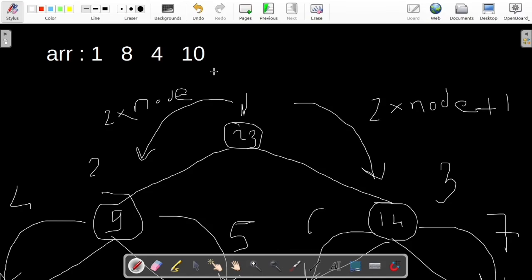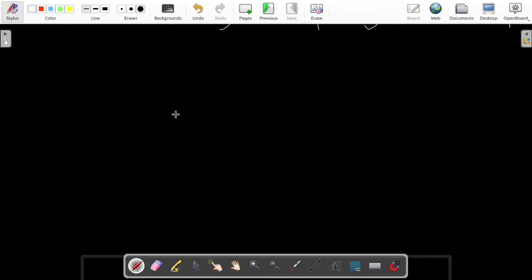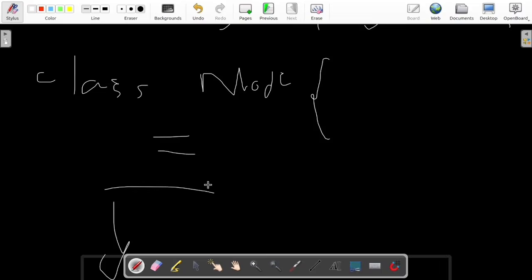Now if some of you have an idea of a binary tree and have implemented it, you have dealt with objects and pointers in C++. You will create a class or a node, and in that you have some parameters. Then in C++ you put pointers.